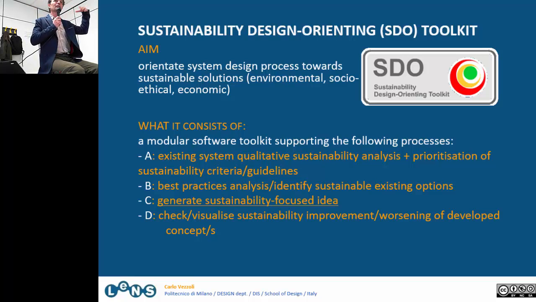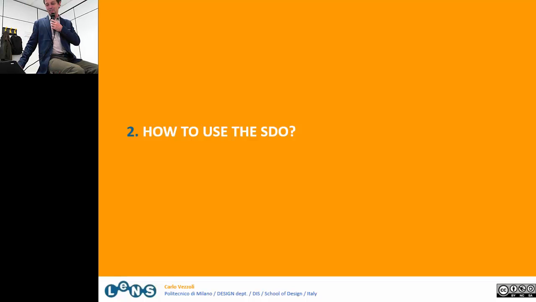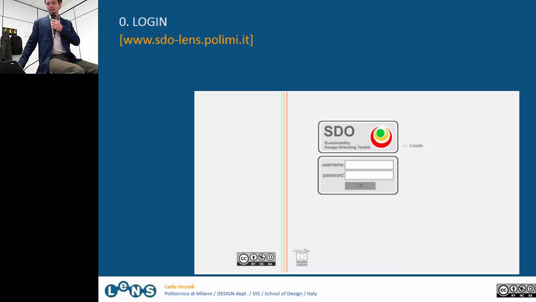Maybe you generate some ideas that are promising for some environmental issue, but then they are not that good for other environmental criteria or for socio-ethical reasons and so on. So it's good to make an overall check, because, as you may have understood, dealing with sustainability, its dimension, is a quite challenging and complex issue. Complex doesn't mean that we cannot deal with it, but we have to use all our intelligence.